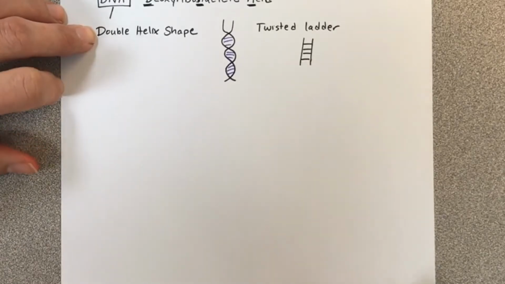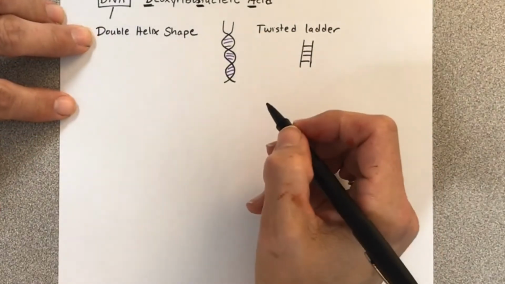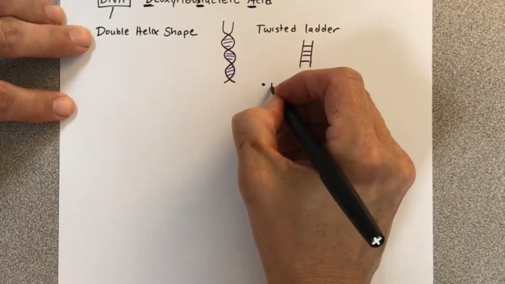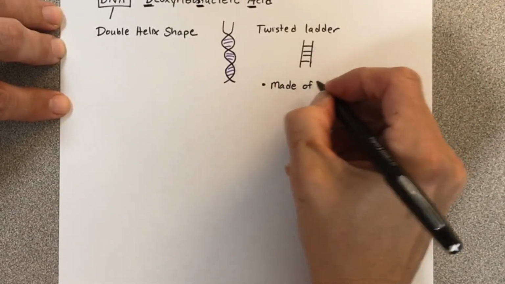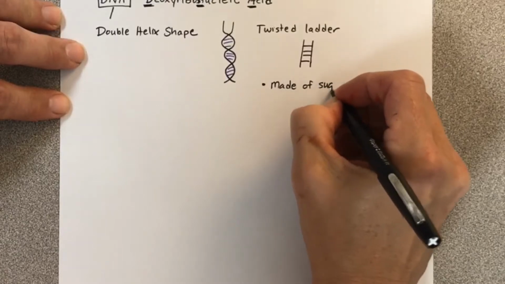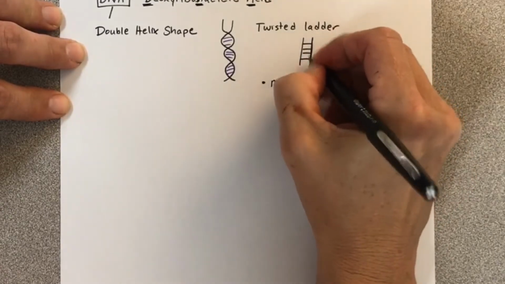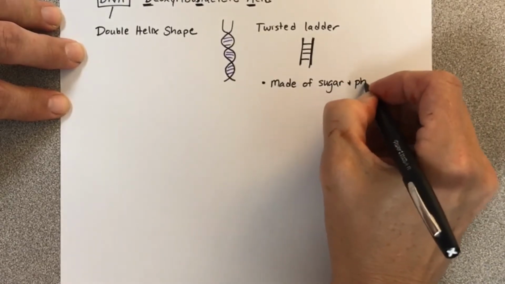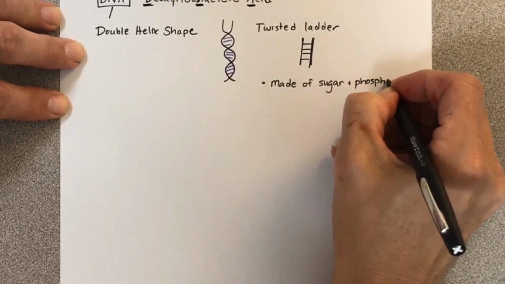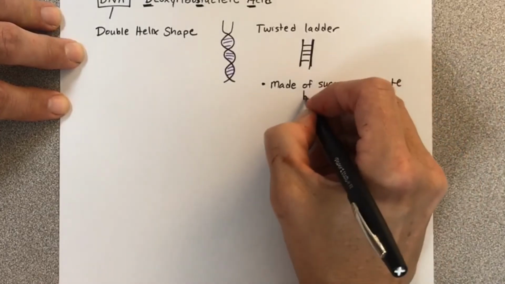This structure has several parts. It's made of a sugar and phosphate backbone. So the sides right here are going to be the sugar and phosphate backbone.